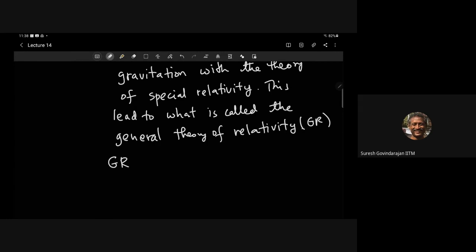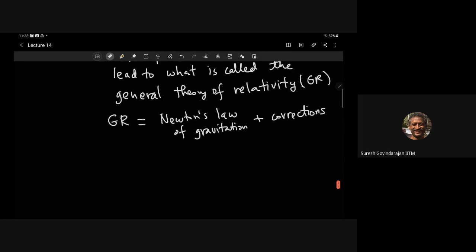Some people call it GTR. I don't know. I call it GR. GR equals Newton's law of gravitation plus some corrections. Okay, and so Einstein worked out what this correction is.